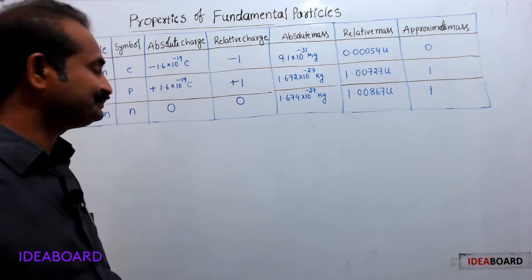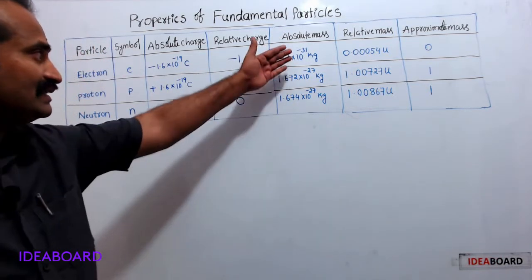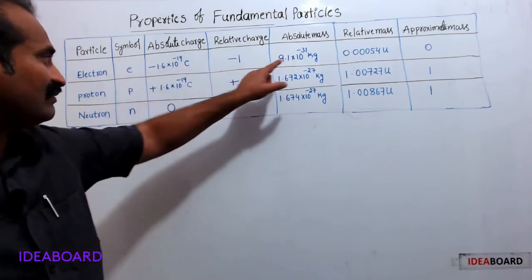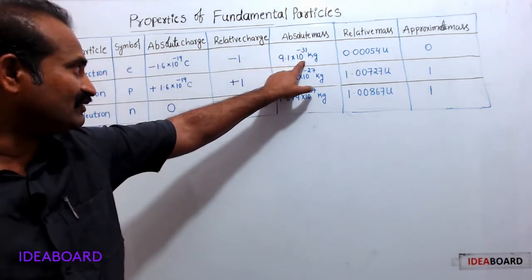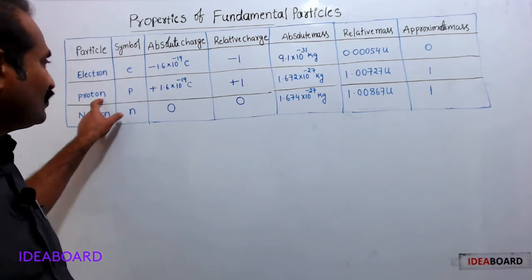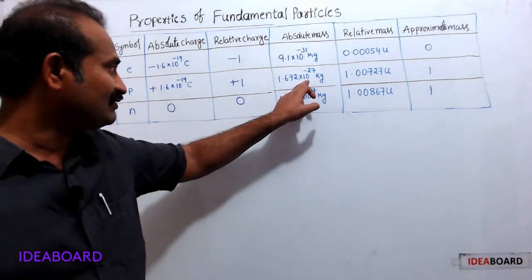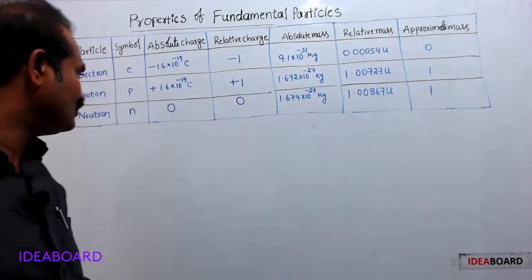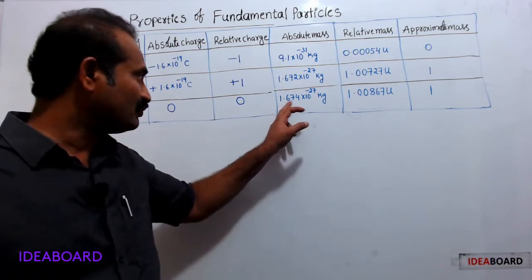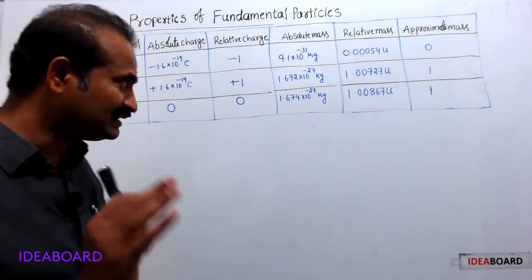Okay, now absolute mass. This is actual mass. Actual mass of electron is 9.1 into 10 power minus 31 kilograms. Actual mass of proton is 1.672 into 10 power minus 27 kilogram. Actual mass of neutron is 1.674 into 10 power minus 27 kilogram.